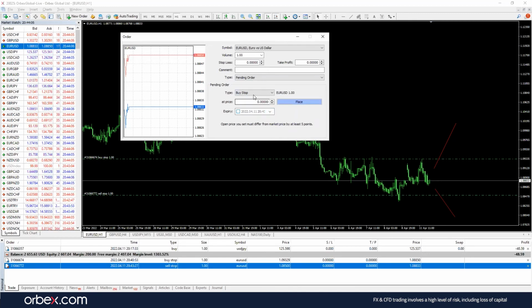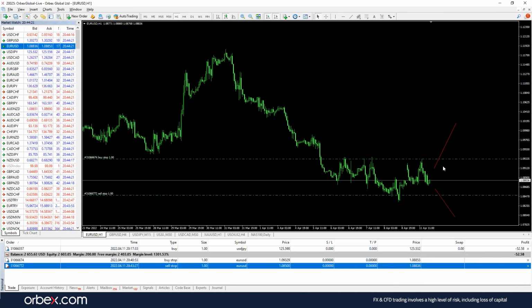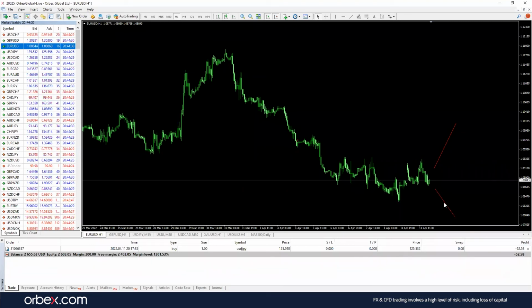If we put in something below the bid line, let's say 1.0825, it won't take it because it has to be above the bid line. So just remember that buy stops have to be placed above the bid line and sell stops have to be placed below. So let's get rid of these two, because now we get to the slightly confusing part: limits. The thing with the limit is that it works in the opposite way, basically.